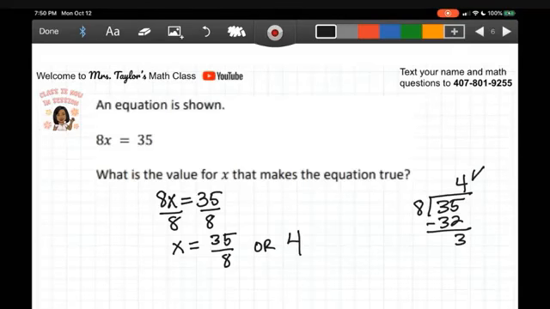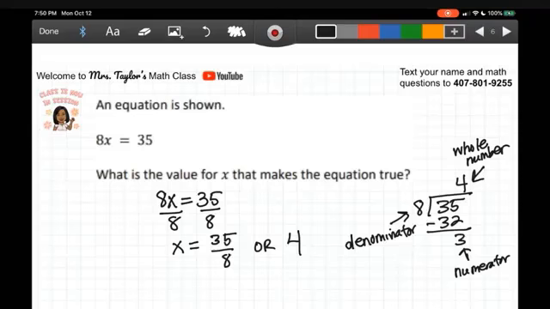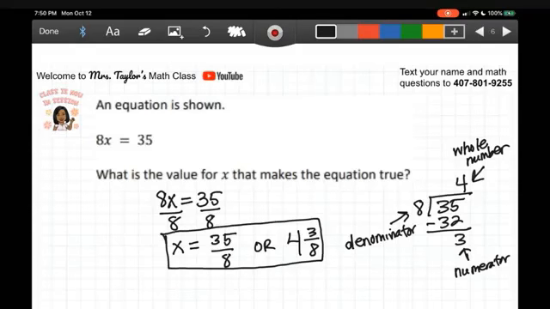And this would be your denominator. Okay, so the answer here is going to be 4 and 3/8 if we wrote it as a mixed number. So we could have both of these answers here. All right, let's go to another question.